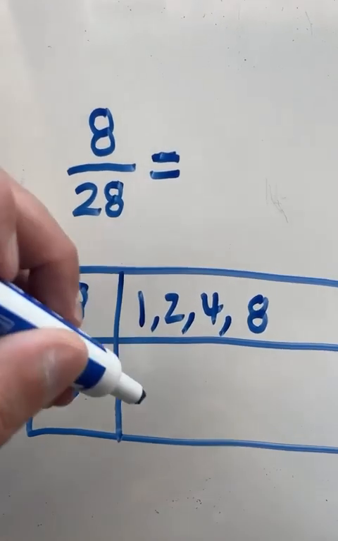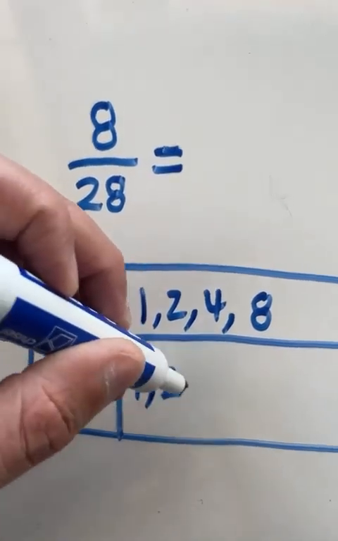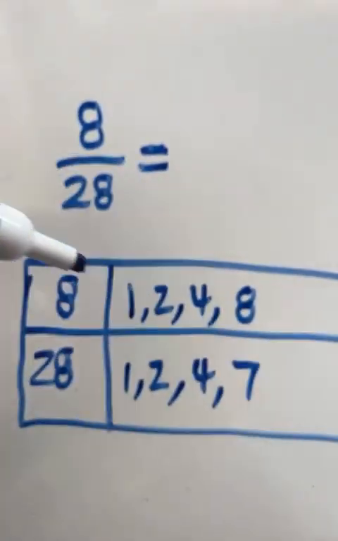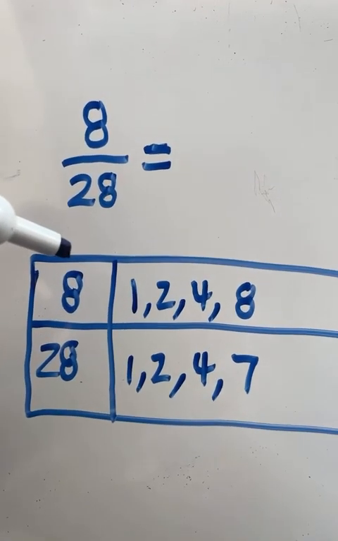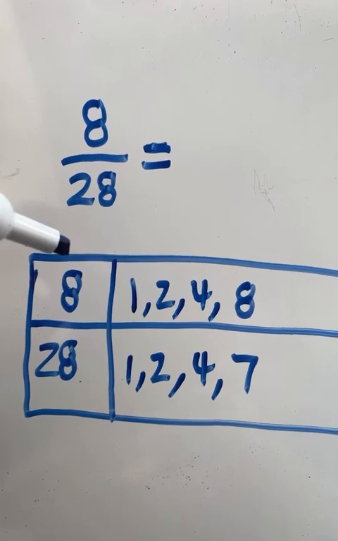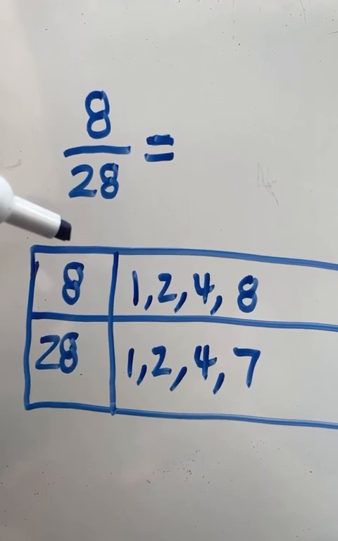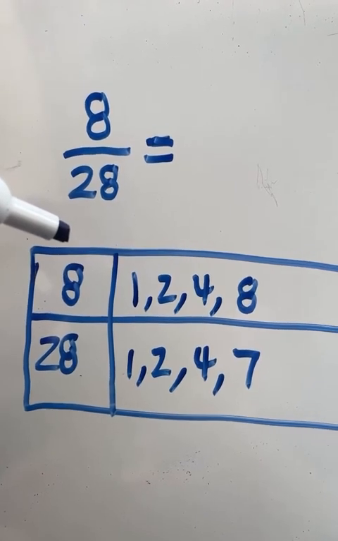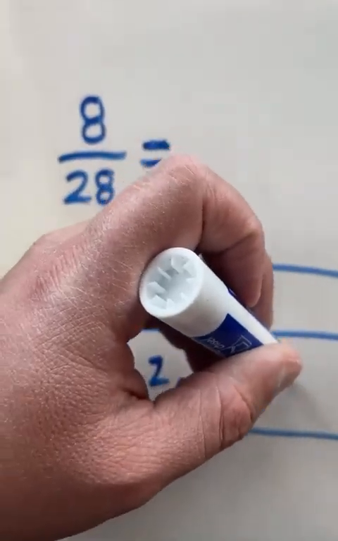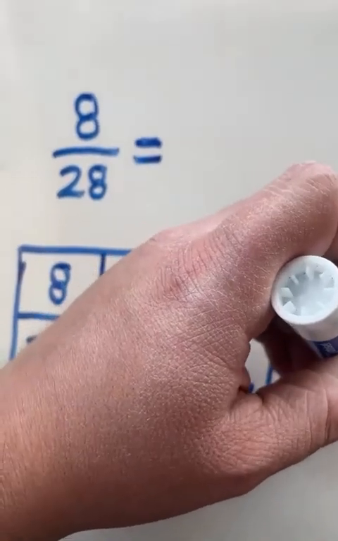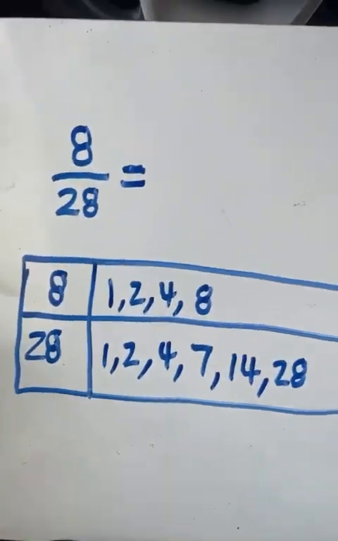For the factors of 28, we have 1, we have 2, we have 4, we have 7, and we have 14. Oh, and we have 28 because every number is a factor of itself.